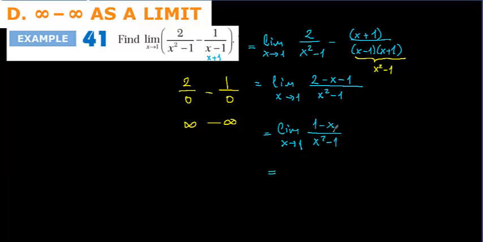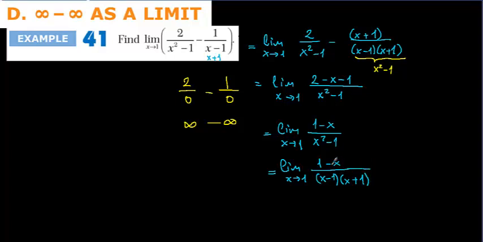As you see here, you can factorize x squared minus 1 as x plus 1 times x minus 1. So limit x tends to 1 of 1 minus x over x minus 1 times x plus 1.